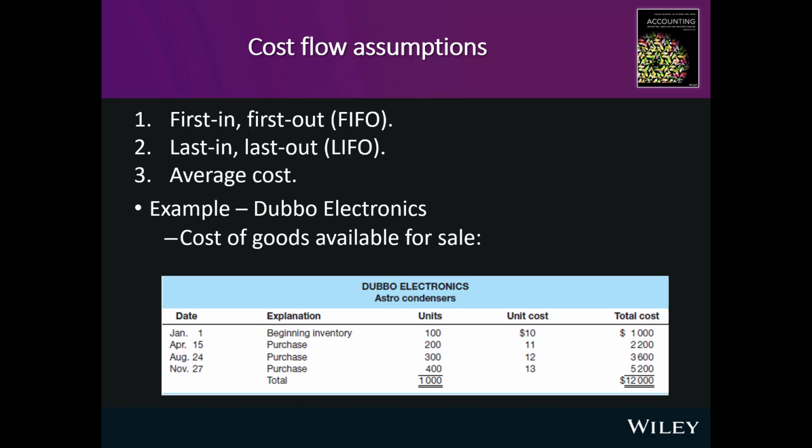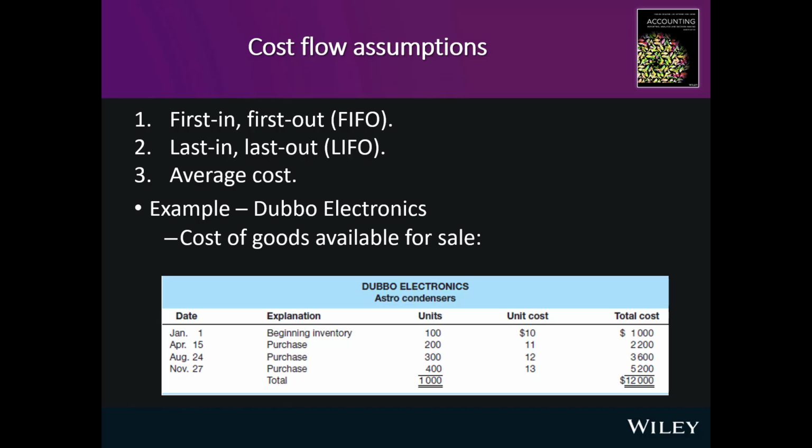Because you need 550 to determine the cost of sales. Here, 400 at a unit cost of 13, and then the remaining 150 will be at 12. So this is first in, first out, and this is last in, first out.